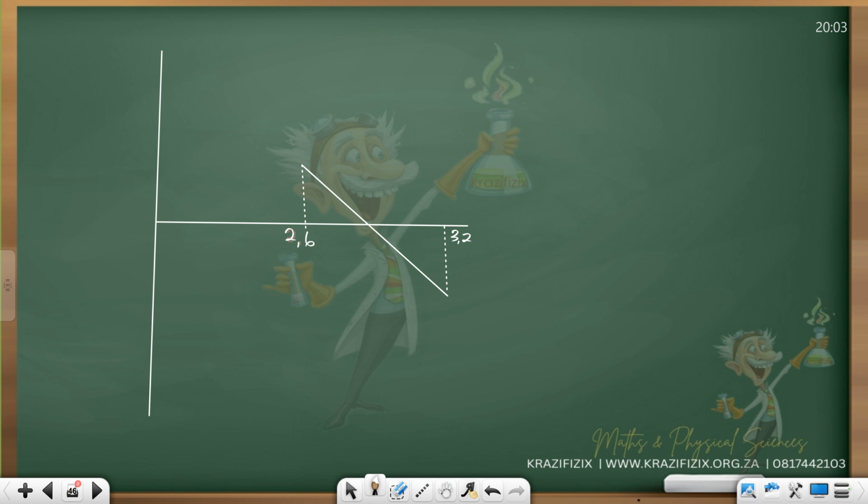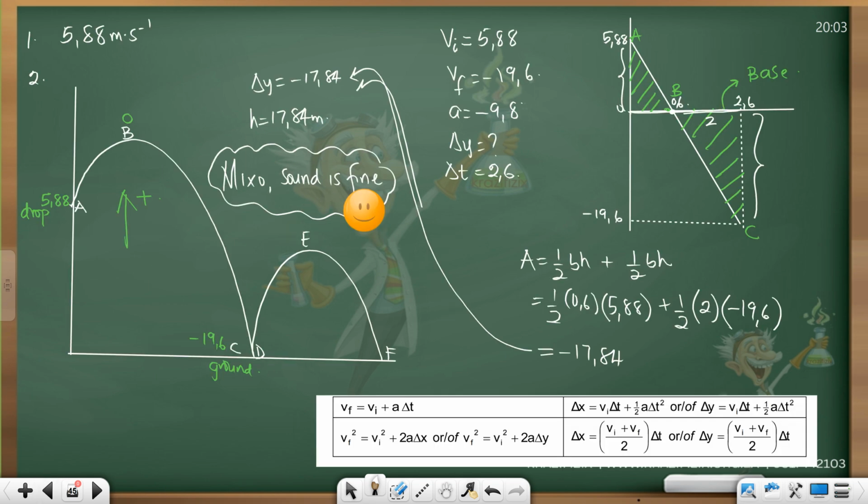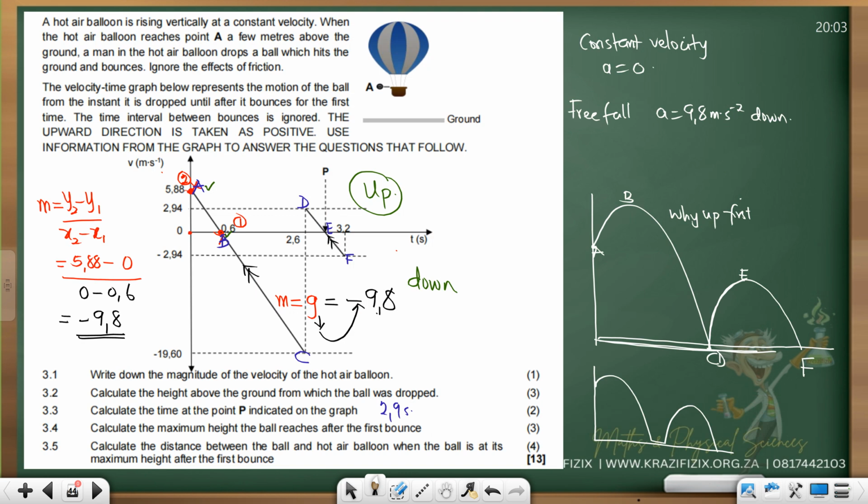That's 0.6. And this is exactly halfway, which is 0.3. It makes this 2.9. This is your D, that is E. So what's the time from here to here? Make sense? 2.9 minus 2.6. So we can calculate the maximum height there after the bounce.